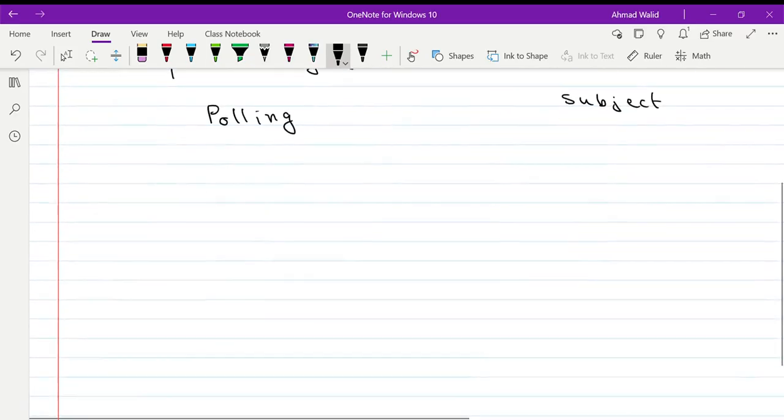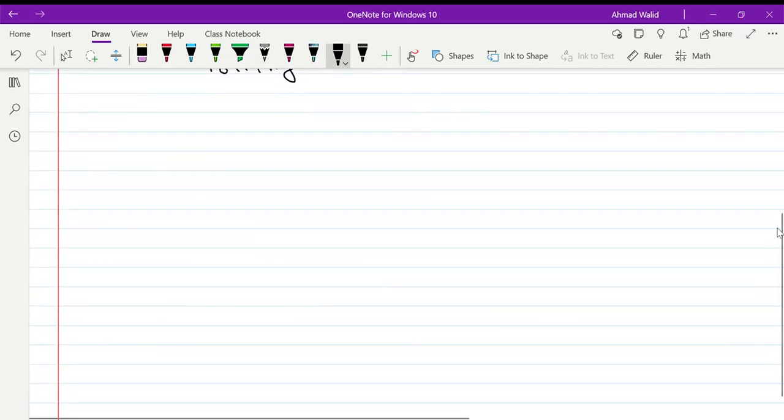Now, let's talk about the word random. What does it mean actually, random?